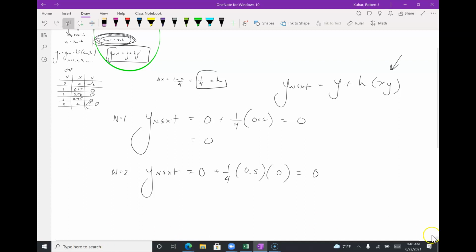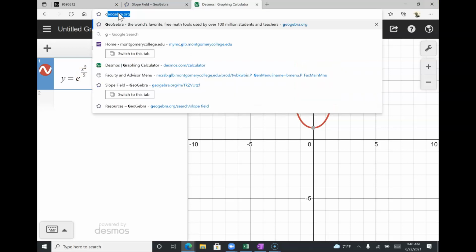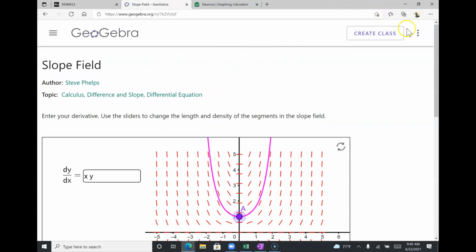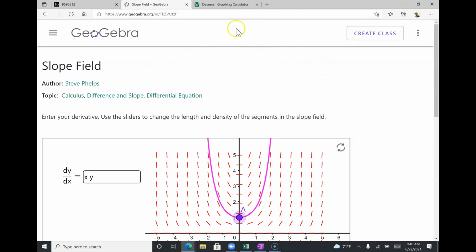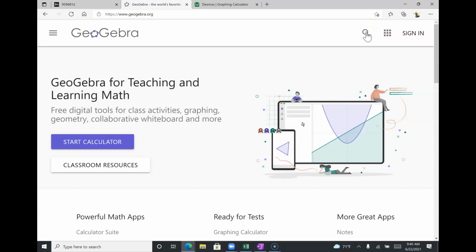But let's go to GeoGebra for a second, and we'll do a better example. So in GeoGebra, I'm going to search for Euler's method. If I go back to home and I search for this one, I think I like the Juan Carlos.